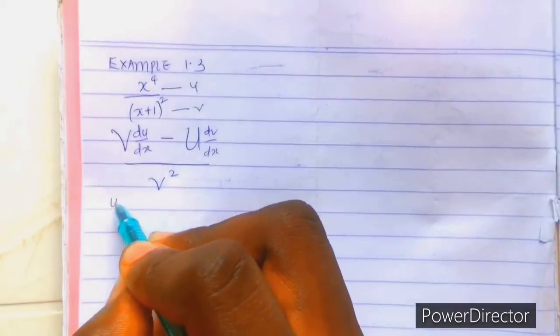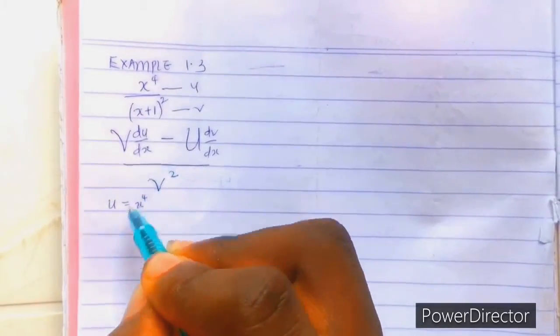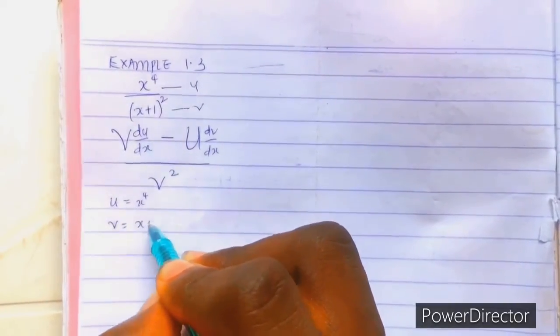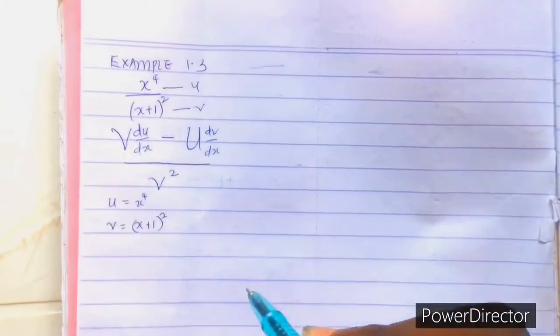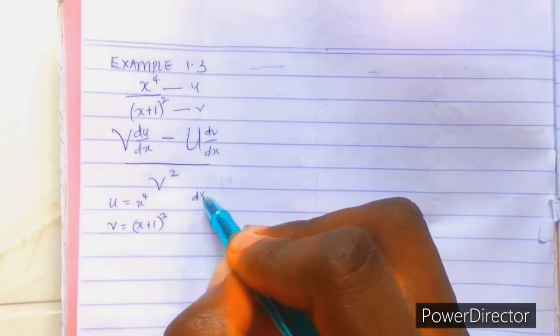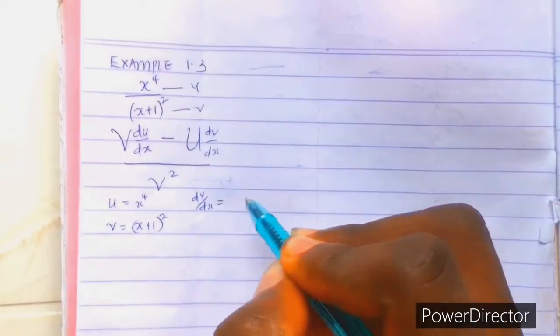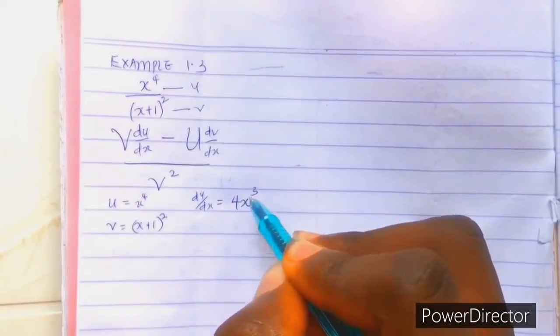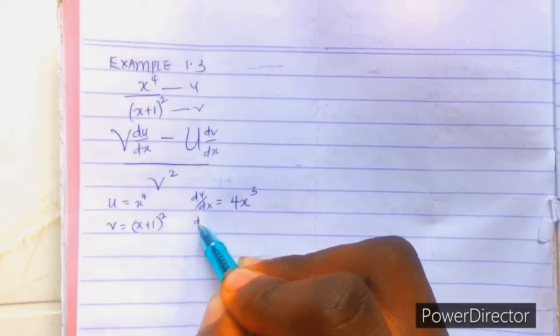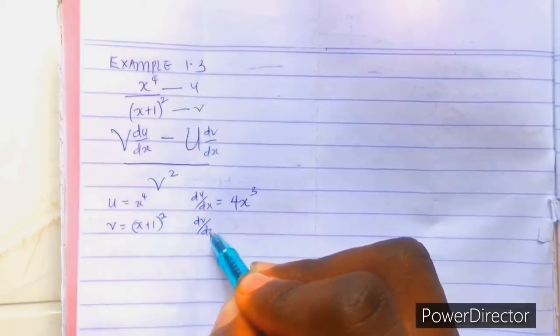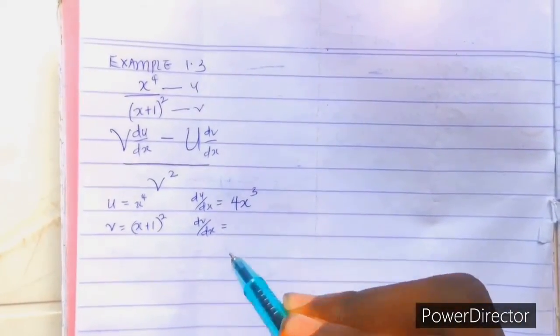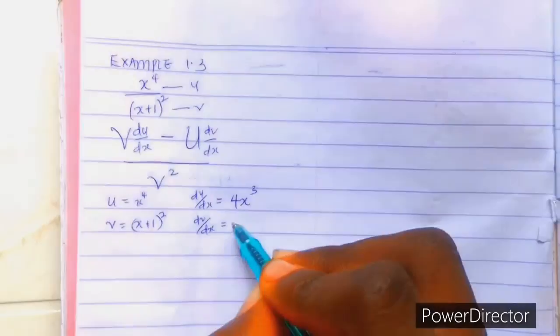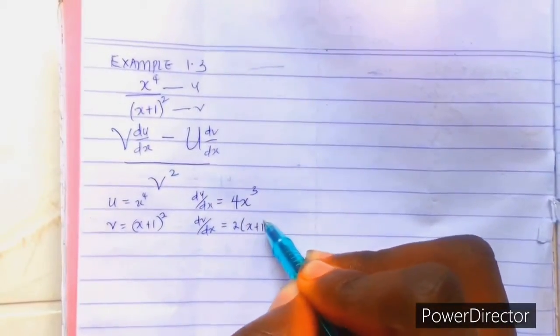Alright, we should know that our u now is x raised to power 4 and our v is (x plus 1) squared. Now the differentiation of our u with respect to x will be 4x raised to power 3, and the differentiation of our v with respect to x will be 2(x plus 1).